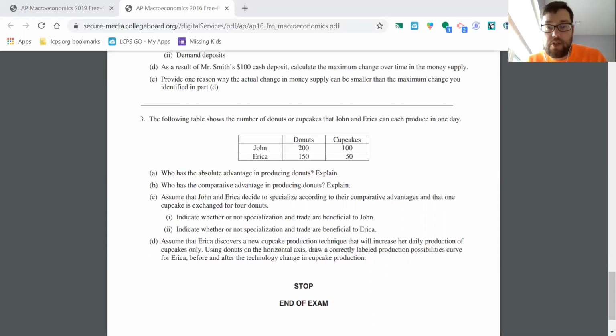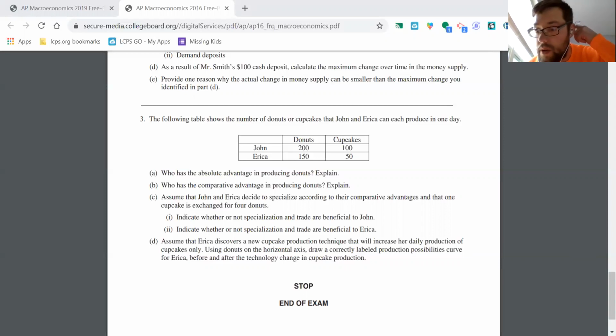All right, so now it gets a little bit more tricky. We need to go and calculate opportunity costs, right? So I'm going to go off to the side because this chart isn't real big. All right, so start with John.